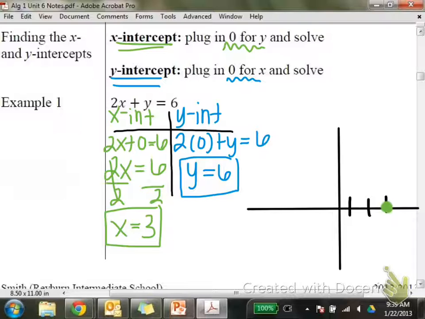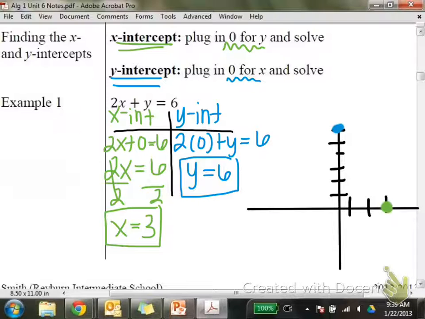My y-intercept is at positive 6. Y is going up and down, so I want you to draw 6 lines going up and down. 1, 2, 3, 4, 5, 6. And plot your y-intercept right here.